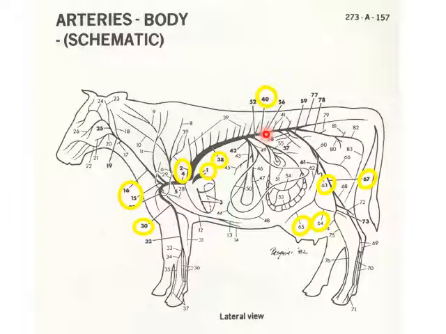You're going to have the external iliac, that's our 63, and then the external pudendal artery, and you're going to have down here the two arteries that supply the udder. So with the iliac and the pudendal, you have a right and left side. The right side is going to do the fore and rear udder on the right side of the cow, and the left is going to do the left udder.